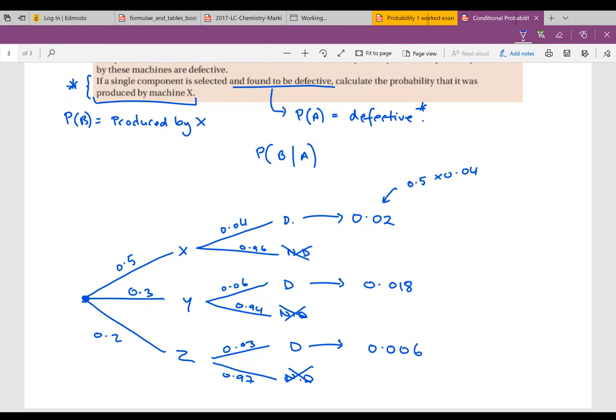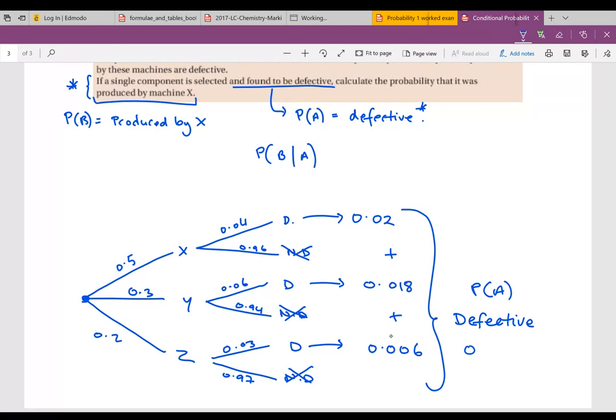So these are all the probabilities that it is defective. For the probability of A, that it's defective, it can be defective by X or by Y or by Z, so I'm adding them all up. I will get 0.044. So I now know the probability of A is 0.044.